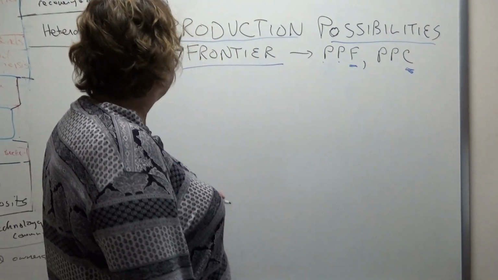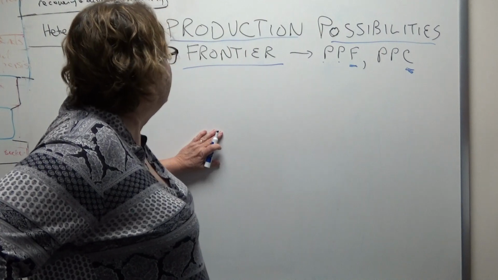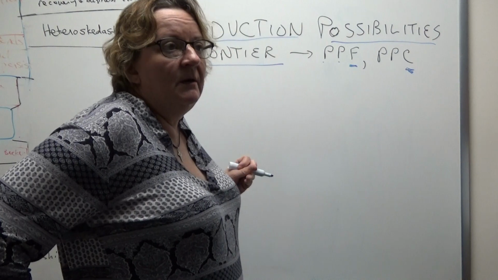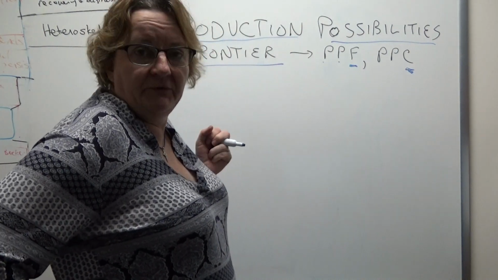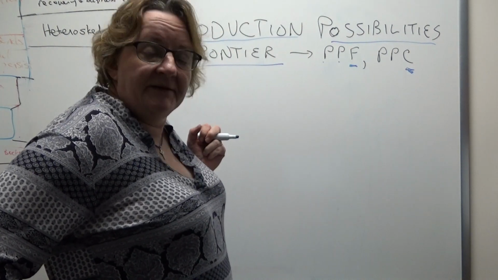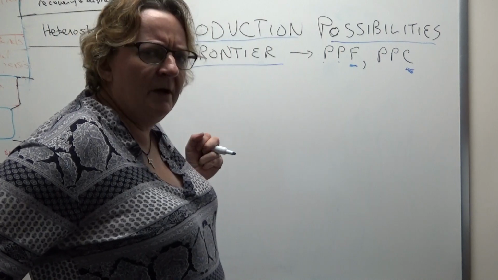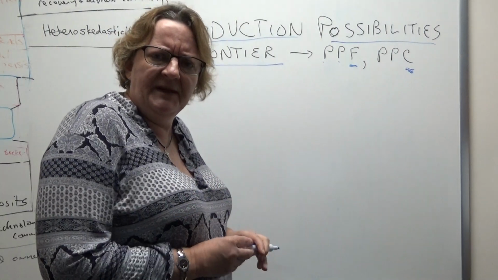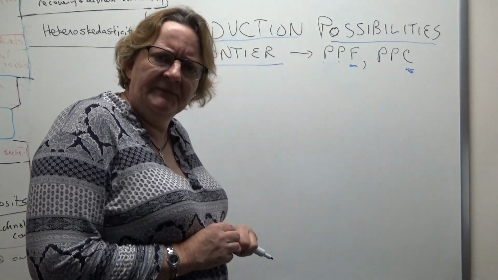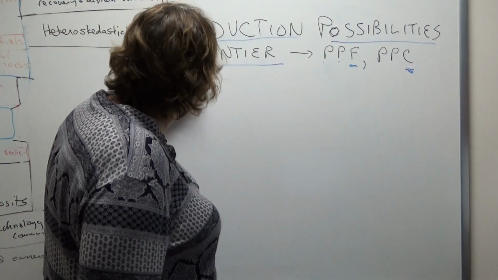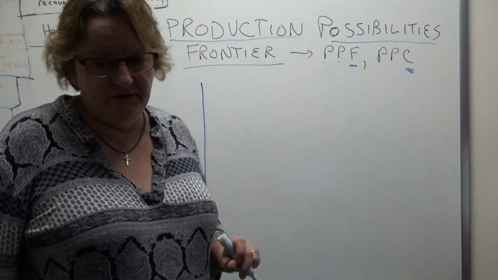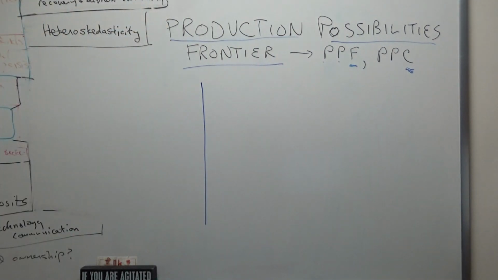So, let's see. This is a model. We've already discussed the circular flow. This is another model, and this one really helps us understand the supply of problems and choices that must be made. So what we do is we imagine an economy.